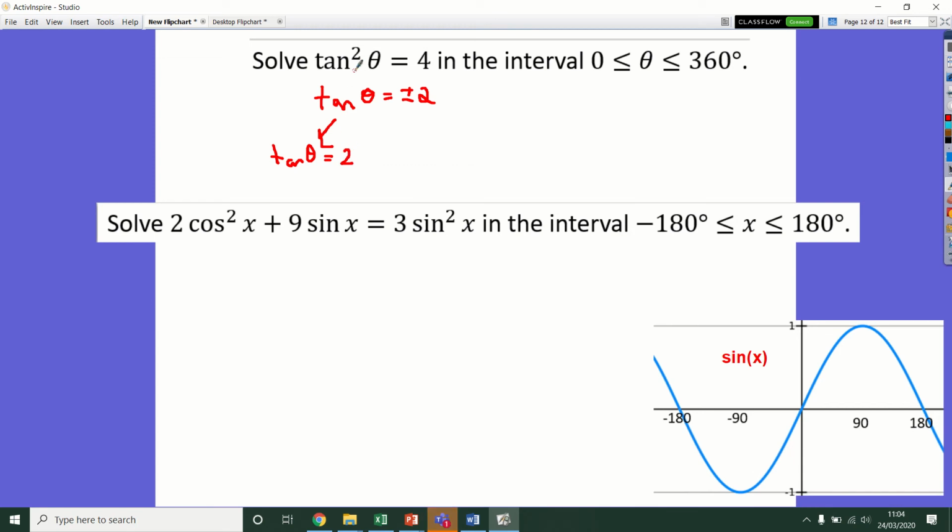I can use my calculator to get a value for theta, and the principal value is 63.4 degrees. It's using the inverse tan function. But then, because of my wide range of values for theta, I can add 180 to that and get a second value, which is 243.4.